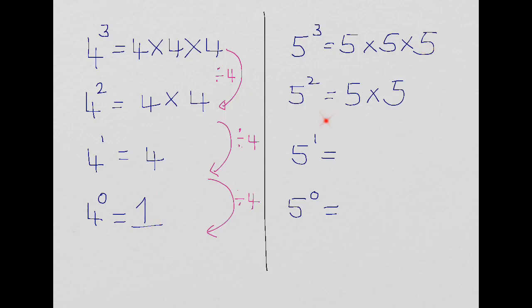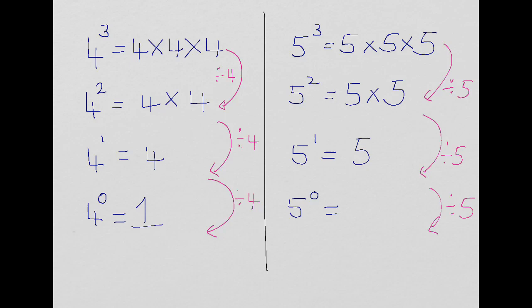So then looking at these here, I'm dividing by 5. So here I'm going to again divide by 5, but I know 5 to the power 1 is 5. So 5 to the power 0, what's the answer for this going to be?